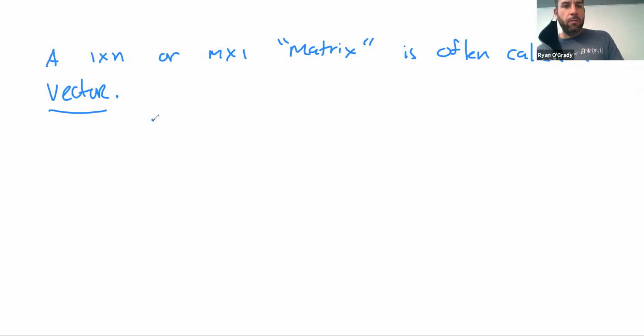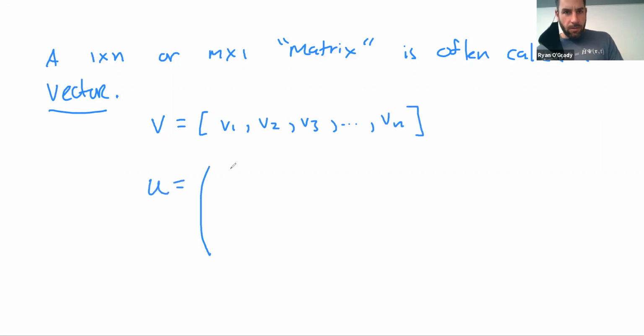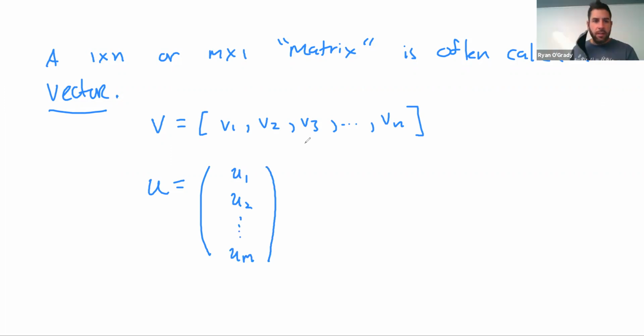Maybe we'll call it V equals, I don't know, V sub 1, V sub 2, V sub 3, V sub n. Or maybe you have, we'll call it U, it might be U sub 1, U sub 2, U sub n. For those of you who have studied vectors in another math class or in a physics class, we often call these things n-tuples or vectors. And there is a connection with the arrows, although we're not going to go into that right now.